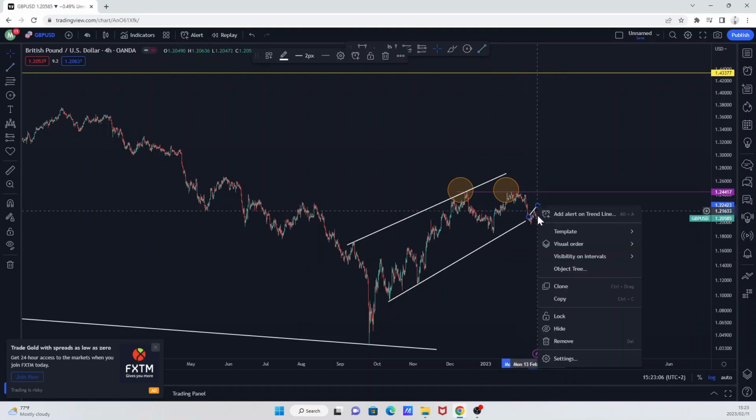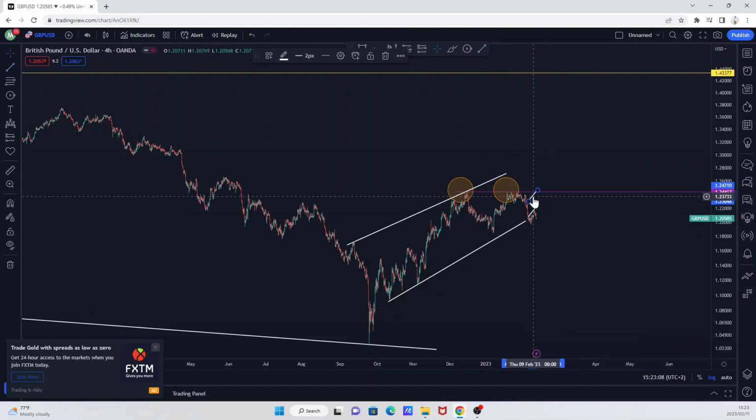Let's copy that. I can see the market is forming something there, which might be signifying a flag, which might be adding to my confluence that the market is really thinking of going to the downside. But for now, I really do not know.